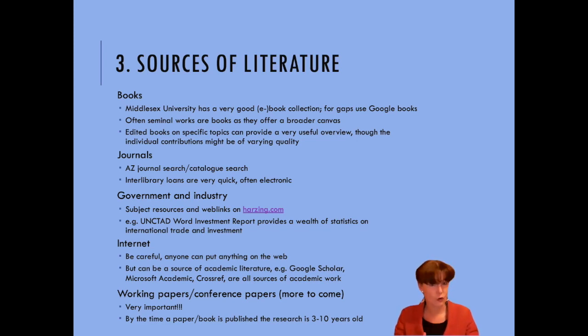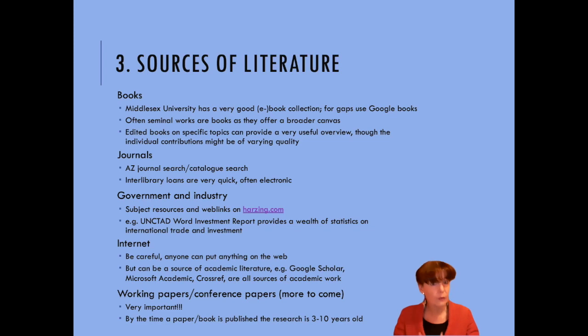Then obviously journals are a big source of literature in most of the social sciences. So use the library to do a catalog search and a search for particular journals that in many cases your supervisor might have recommended to you. Again, if you can't find the journal in question, then simply use interlibrary loans. They are very quick these days.